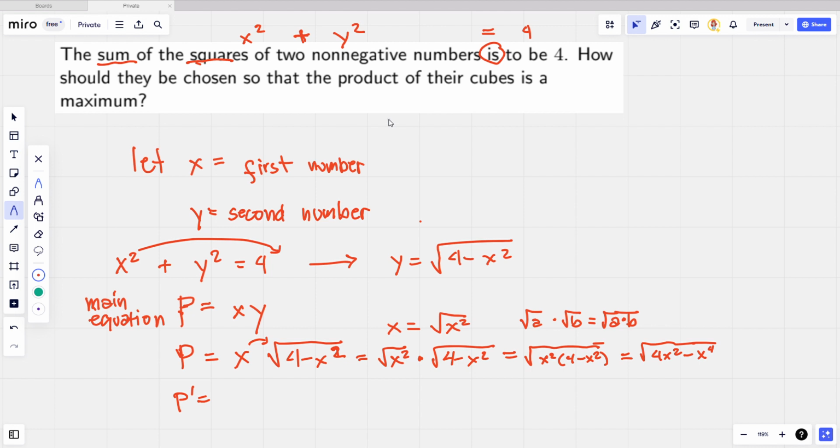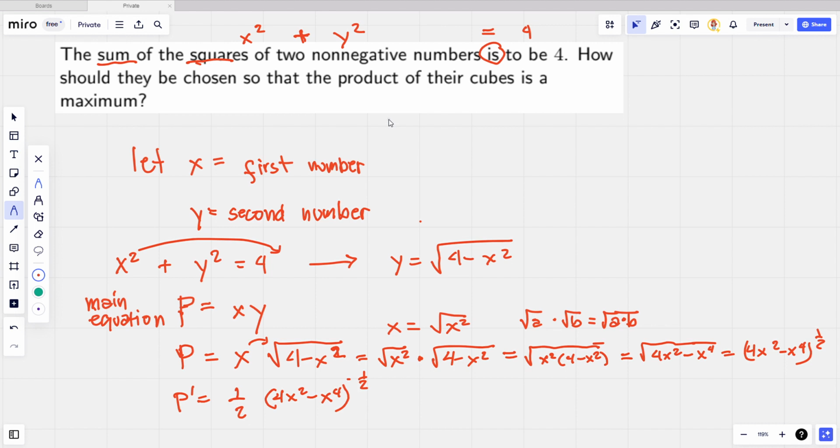Okay, so that is now our equation. Differentiating that, this is just equal to 4x squared minus x to the 4th, to the 1/2. So differentiating, we'd have 1/2, copy 4x squared minus x to the 4th, and 1/2 minus 1 is negative 1/2.